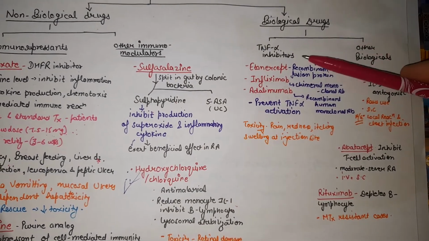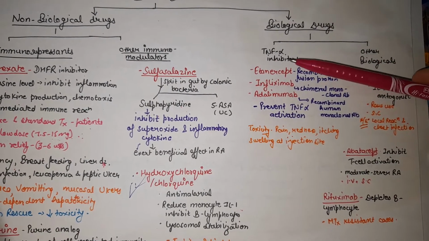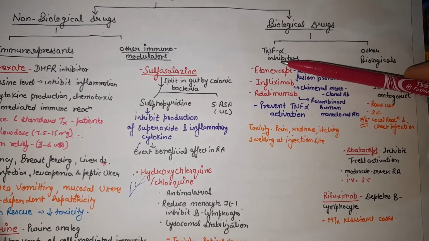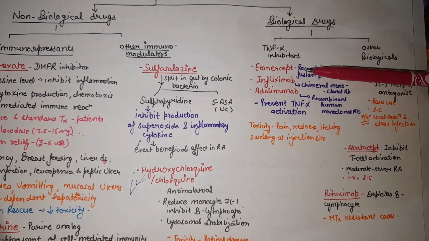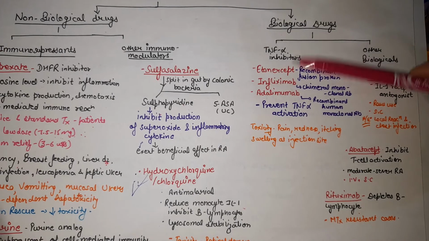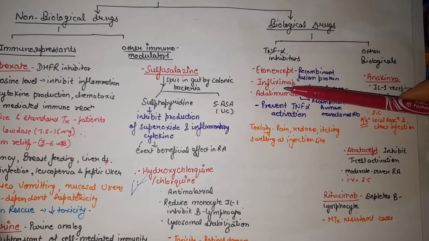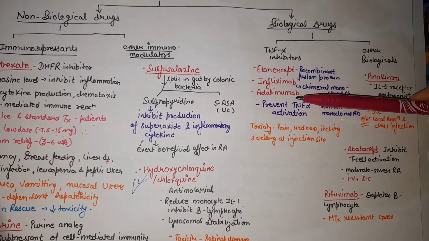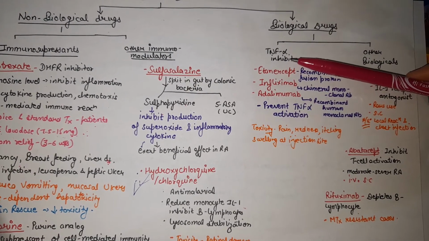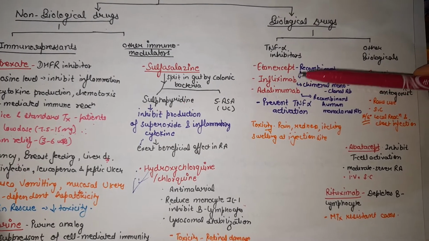Biological drugs include TNF alpha inhibitors and other biologicals. As we know, TNF alpha, that is tumor necrosis factor alpha, is also a main inflammatory mediator, so we have to inhibit this. The drugs are etanercept, infliximab and adalimumab. These inhibit TNF alpha, and so they inhibit the production of inflammatory mediators.